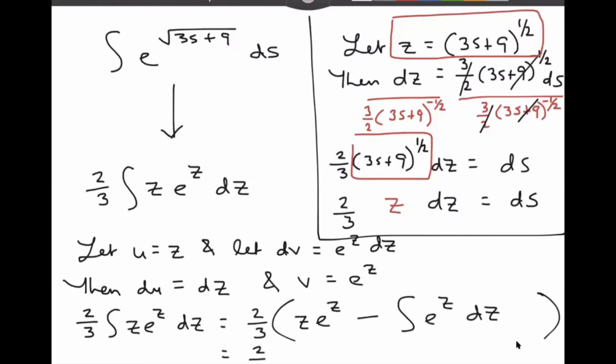So that's going to be 2/3 z e to the z minus e to the z. But this isn't about z. This is about s.